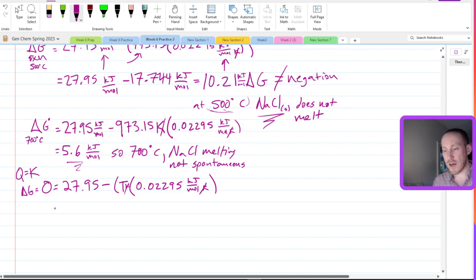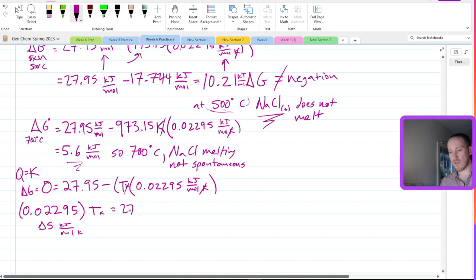And so that means that I'm going to bring the left over to the right. 22.95 equals 27.95, times T. Let me do that a little bit better looking. So we've got that delta S thing that we figured out earlier with the kilojoules version, times this temperature in Kelvin, Kelvin, we'll cancel that later, equals 27.95.